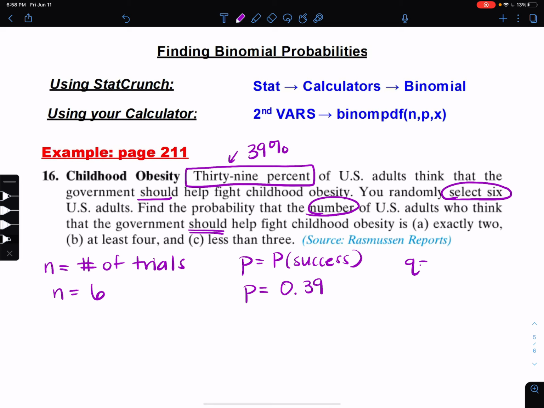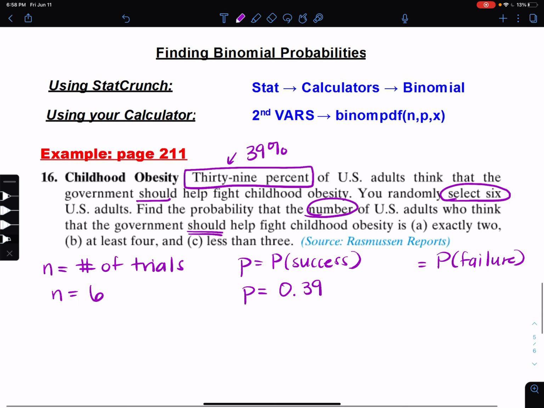Now, Q is my probability of failure. In this case, that would be the probability that an adult does not think the government should do this. The nice thing about Q is once you've found P, you can always find Q by just subtracting from 1 because these are complementary events.